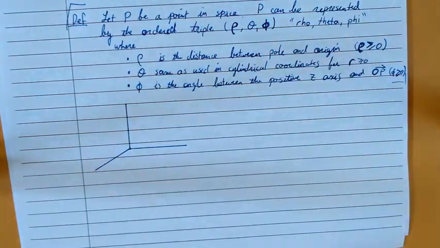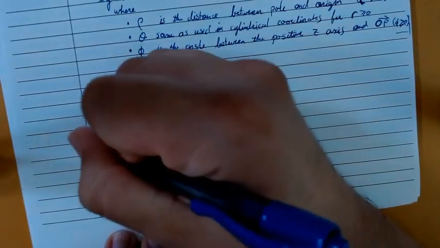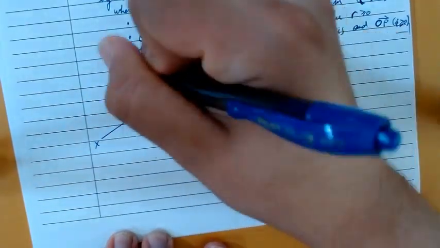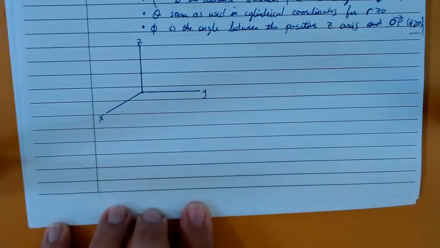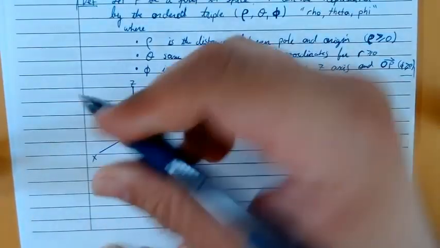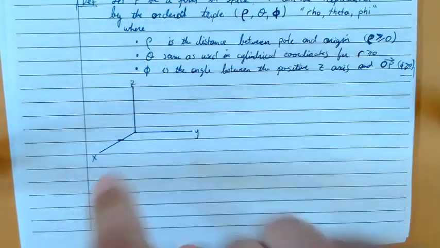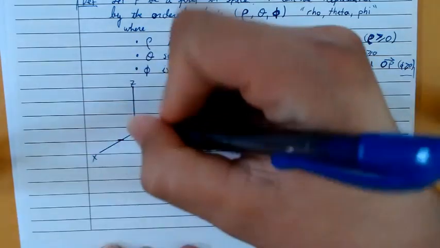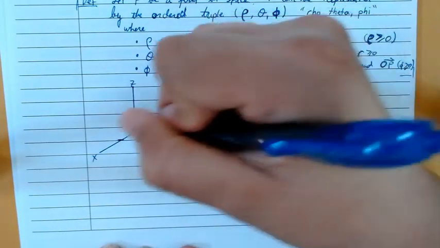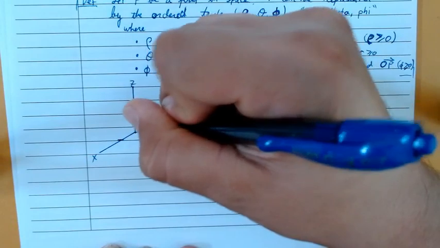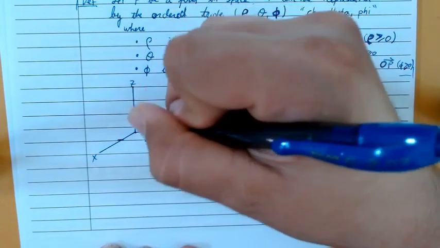Okay, so here is the x, y, z coordinate system. And if I was going to draw something on here, I could get there by taking one step in the x direction, and then maybe 2 steps in the y direction, and then maybe 1, 2, 3 steps in the z direction.